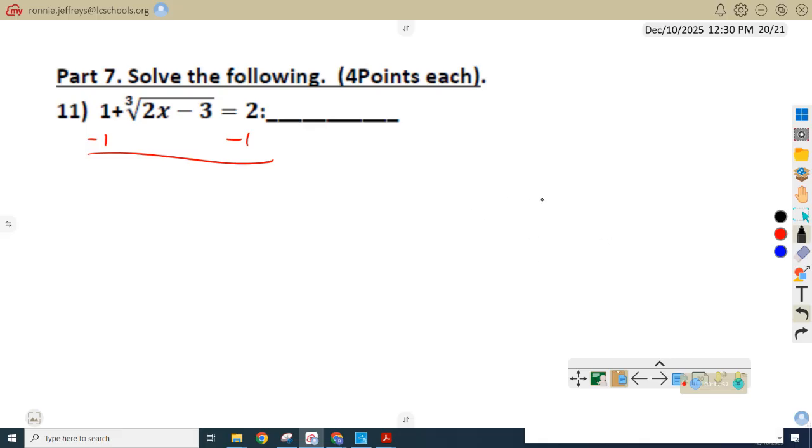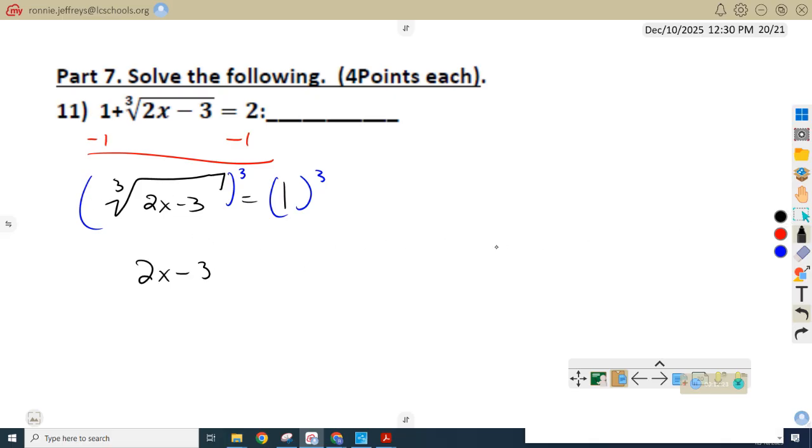I'm not going to say 1 times anything, because 1 times anything is that same thing. 2x minus 3 equals 1. All right. Now I have my radical on one side by itself. So I'm going to raise it to the power in the gutter. Remember, on the radical side, it just rips the roof off. And 1 times 1 times 1, 1.